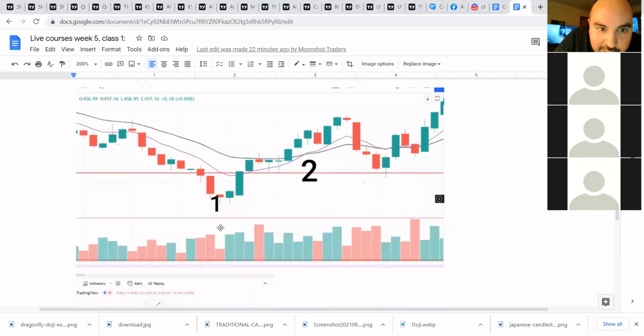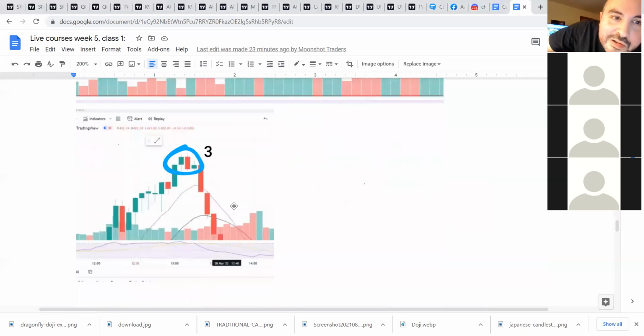Okay. Number one, I kind of cover this up, but what is this red candle here? It's not the best example, but it is an example. Does anybody know? Dragonfly or hammer? No. What's that? Yeah, hammer? Yeah, it's a hammer.